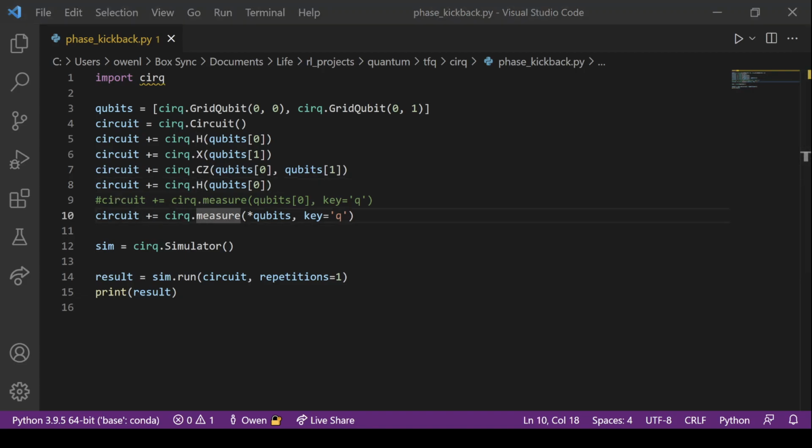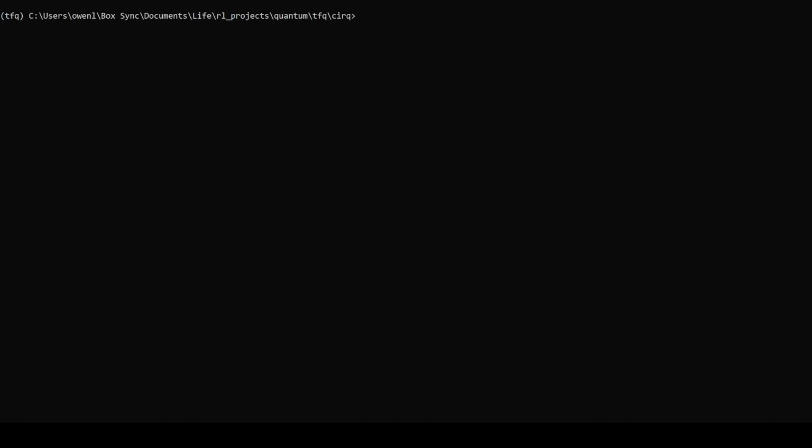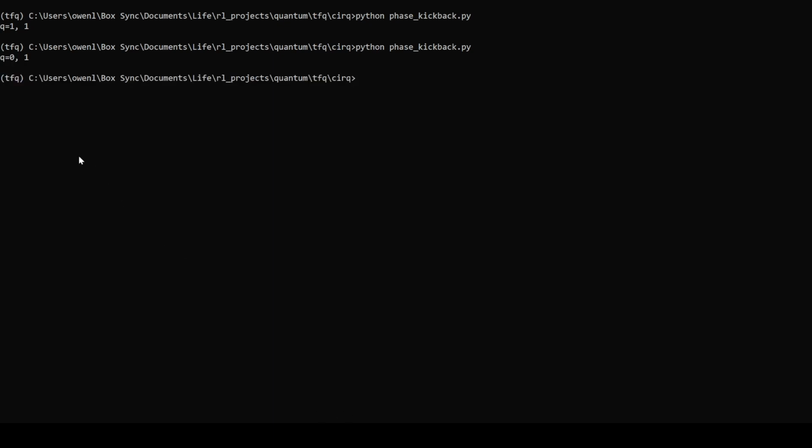So if we actually do this measurement, we can see that we get a 1 on the first qubit, showing that it's changed, right? If we didn't have this CZ here, and we reran it, so I just got rid of the CZ there, right now it's 0, because we just controlled it.